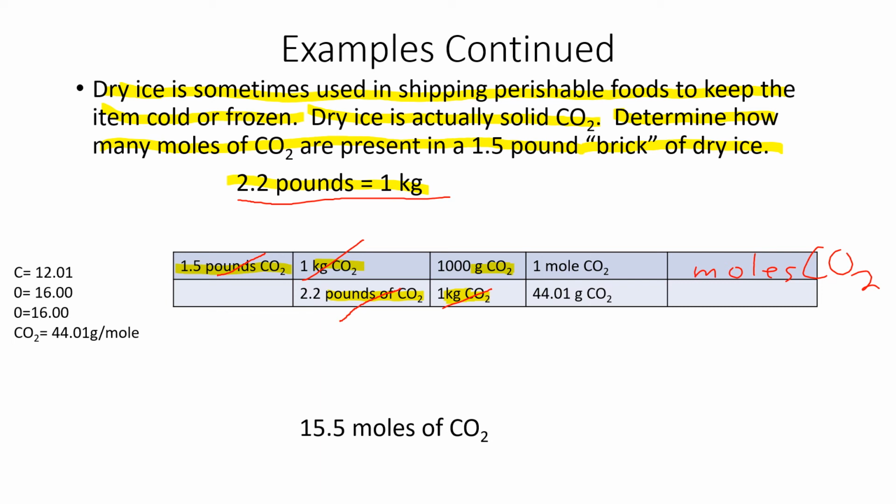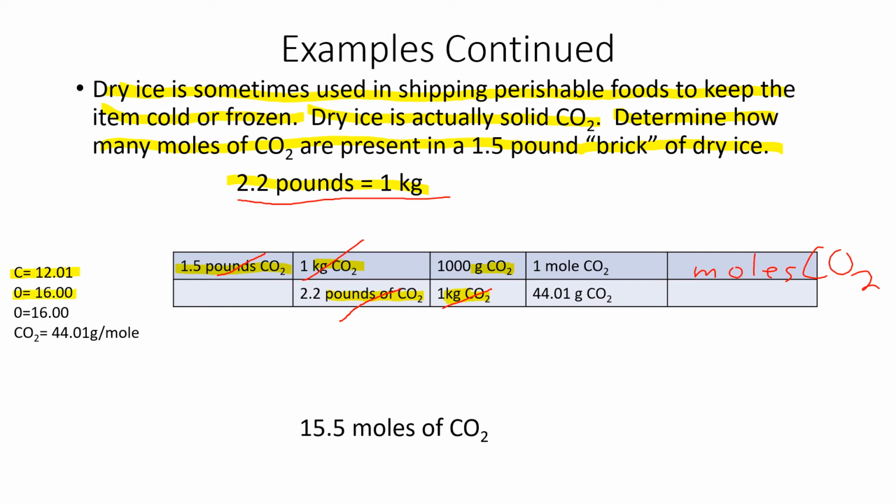Now we're looking at getting to moles of CO2. How are we going from grams to moles? Well, that's the molar mass in the periodic table. Here we have CO2. We have a molecule, so we have to look at the individual pieces. We have 1 carbon. Carbon comes in at 12.01. We have 2 oxygens.